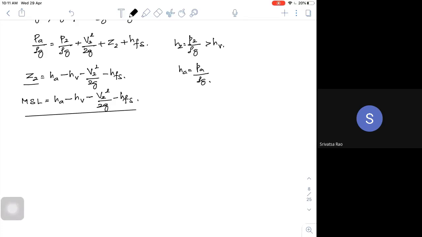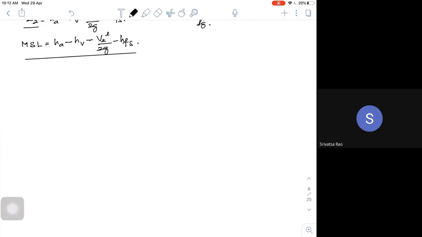So there are certain factors affecting your MSL. What are those? Looking at the equation, if I call that equation number 1 or whatever it may be, the factors affecting the maximum suction lift.